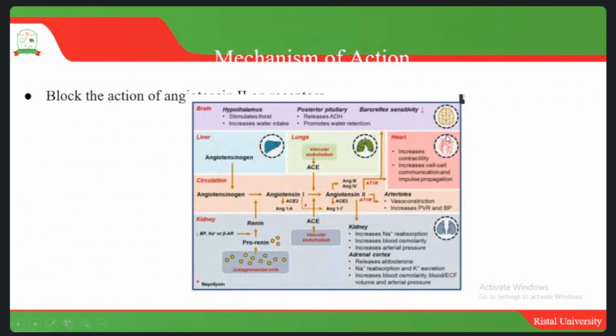That's what these kind of drugs do. They block these angiotensins from causing this effect onto the kidneys, onto the liver, and onto the blood vessels, which will cause a negative impact onto the heart.